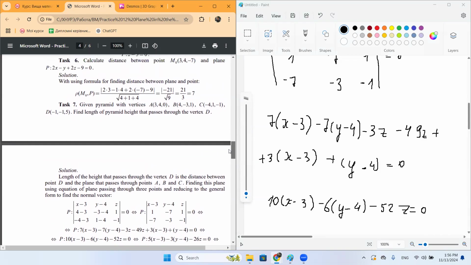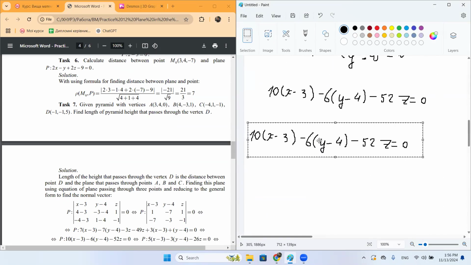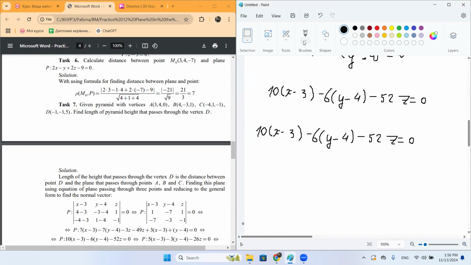Yeah, correct. So now we can also simplify this equation by dividing by 2. So instead of having large numbers, of course it's always convenient if numbers are smaller. So 5 by x minus 3, minus 3 by y minus 4, and minus 26z.